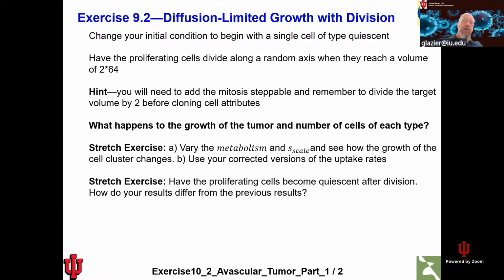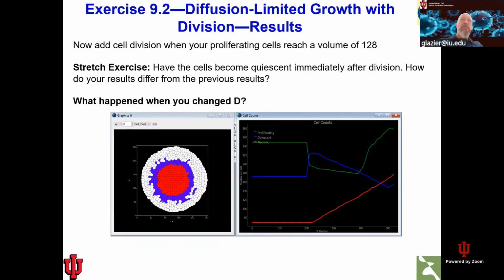That was doing the thing without cell division. And then when you include cell division, of course, the cells stay roughly the same size. The shape of the tumor doesn't change very much, but you get some irregularities.